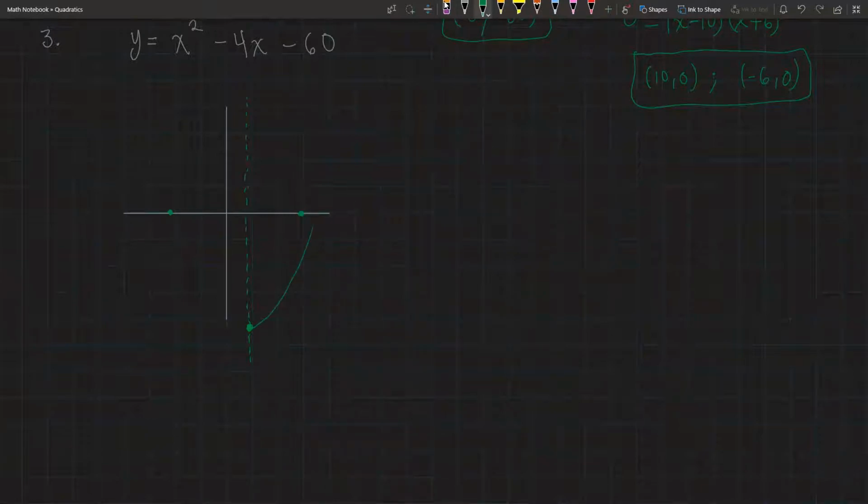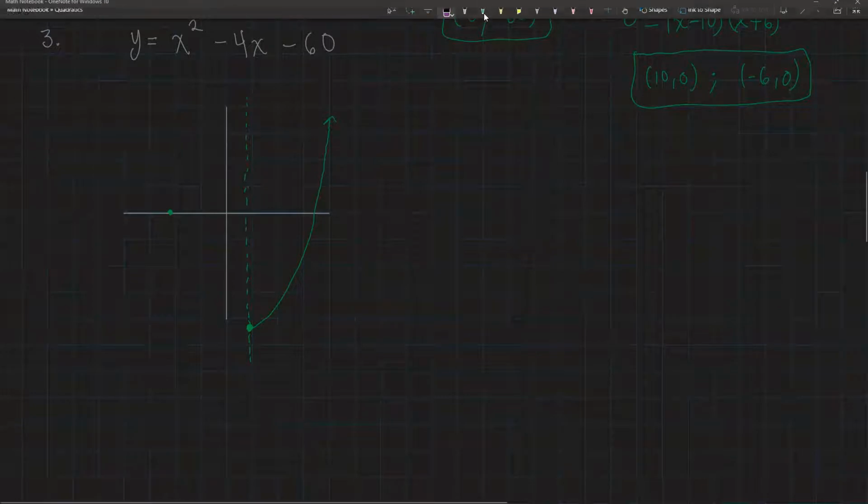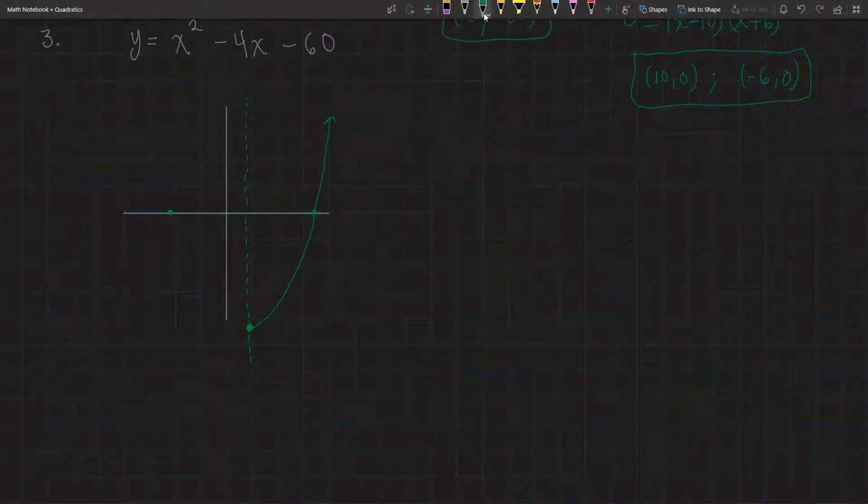I'm going to redo that x-intercept. There we go. I did that one on purpose, actually, because it didn't look too symmetric to me at first. That looks better. There is 10, 0. And let's see how we do with this one.